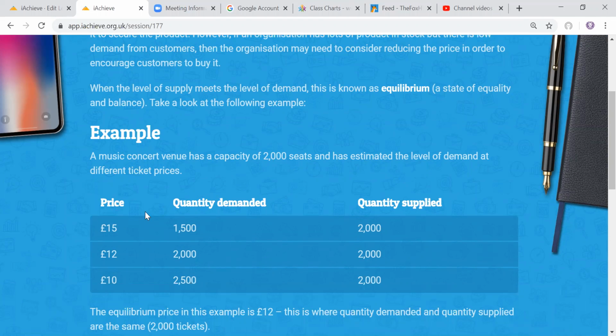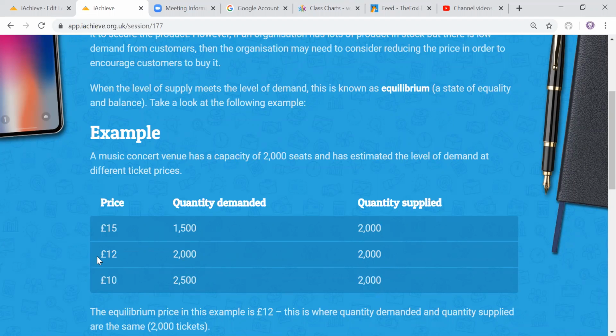At the price of £15, the quantity demanded will be 1,500. The quantity supplied is 2,000. At £12, the quantity demanded would be 2,000, and the quantity supplied is 2,000. At £10, the quantity demanded would be 2,500, but the quantity supplied is 2,000.